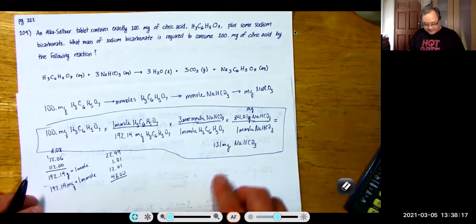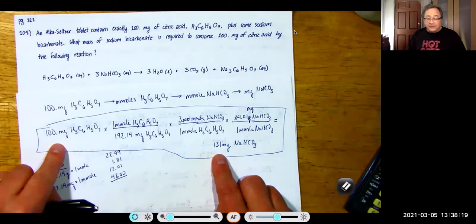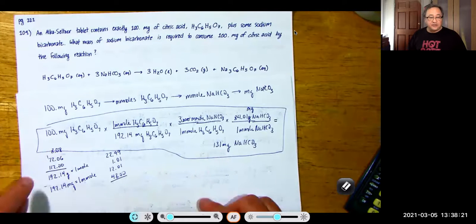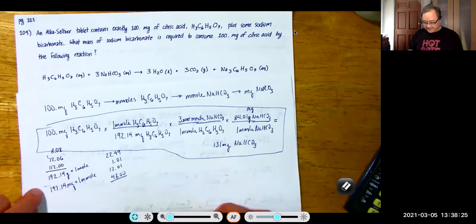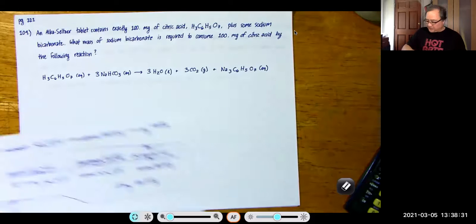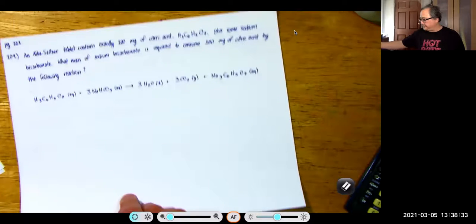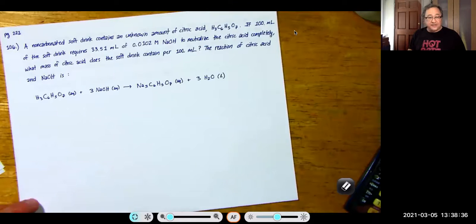And you can see that the mass of each is very similar to one another. So your tablet's probably about half sodium bicarbonate and half citric acid. Okay. Let's put this one off to the side. Let's take a look at this next problem.